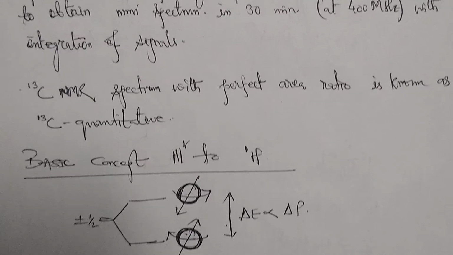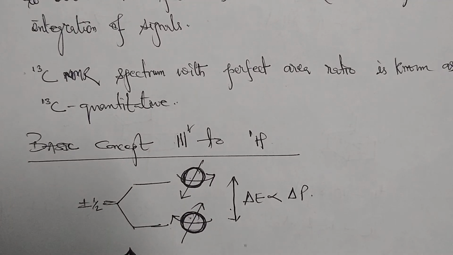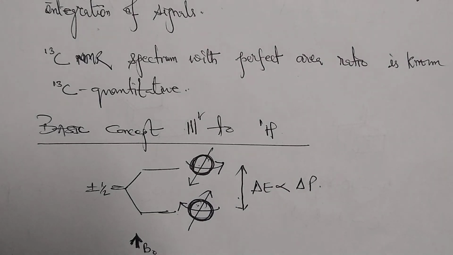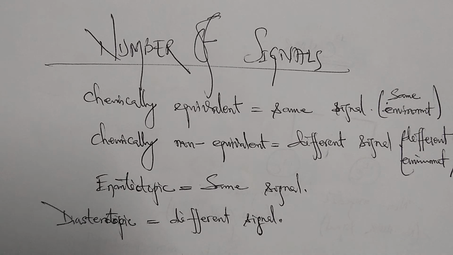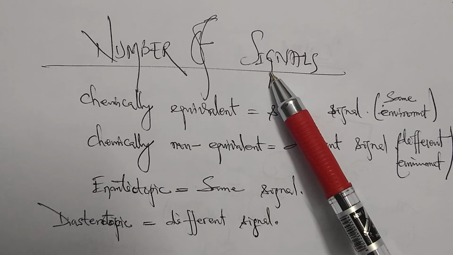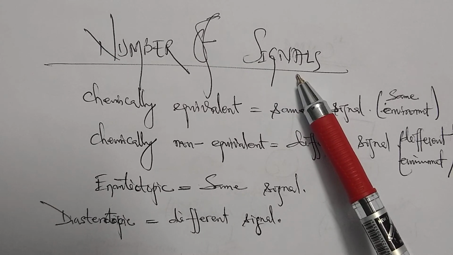Now coming towards the basic concepts of 13C, it is similar to that of proton NMR, which we have already discussed in the basic concepts of NMR spectroscopy. Now we will move towards another topic in 13C, that is the number of signals, which is similar to that of proton NMR.